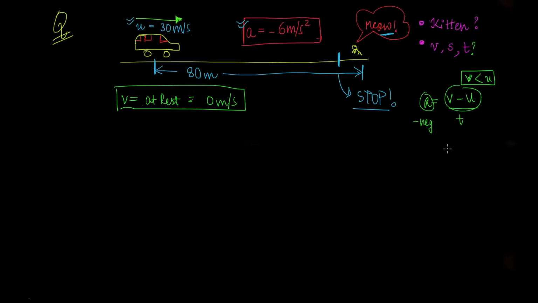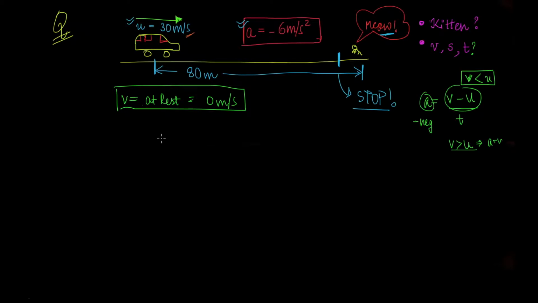If the initial velocity is greater than the final velocity, the acceleration is negative, but if the final velocity is greater than the initial velocity, then the acceleration would be positive, because the numerator turns out to be positive. So negative acceleration means the final velocity is less than the initial velocity, and it rightly is. The final velocity at rest is 0, which is certainly less than 30 meters per second.